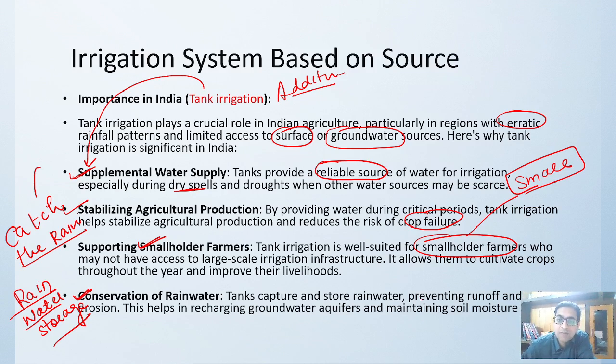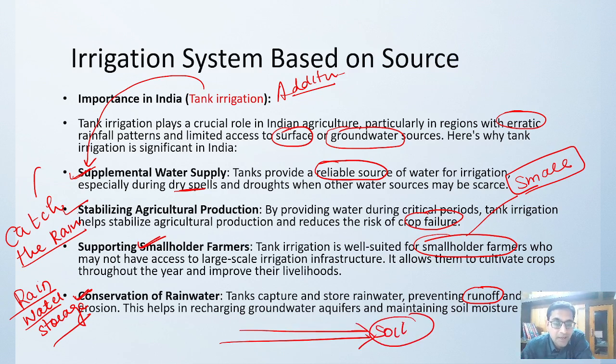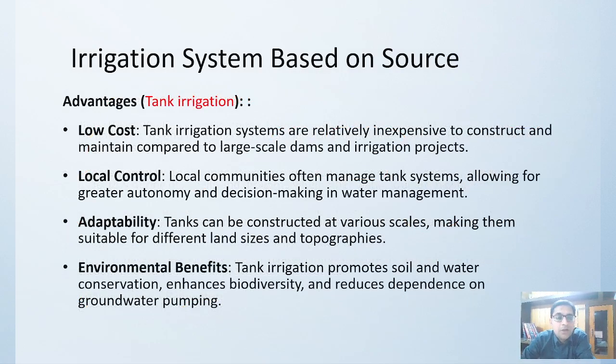It will store the rainwater, and it will prevent the runoff, because if the water is not stored, it will run off like this and soil erosion will happen. So it helps in prevention of soil erosion, it helps in recharging the groundwater, and proper soil moisture will be maintained. So these are the important things regarding tank irrigation.